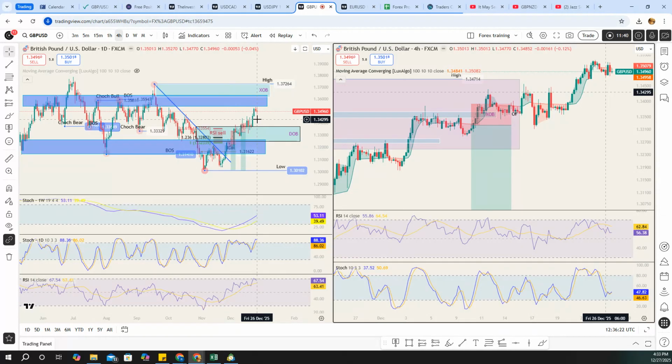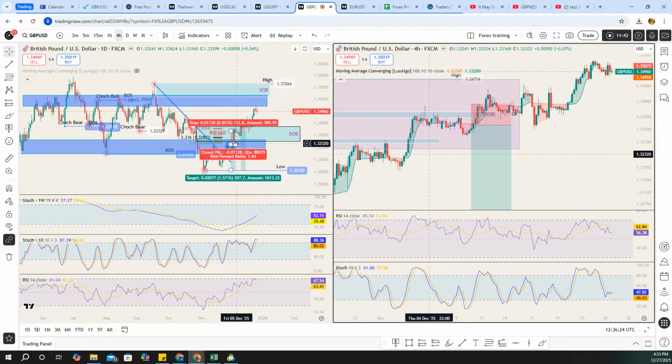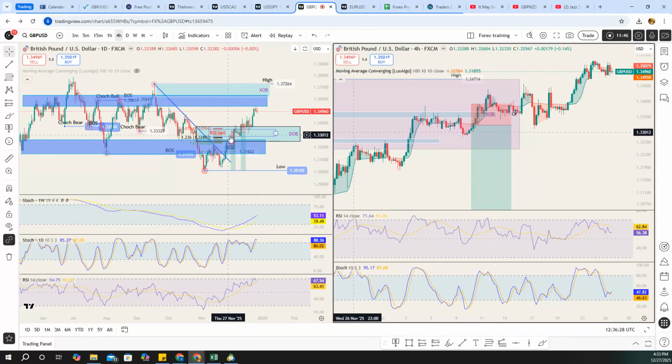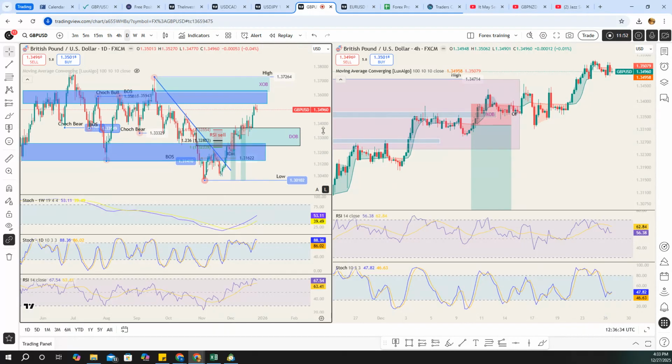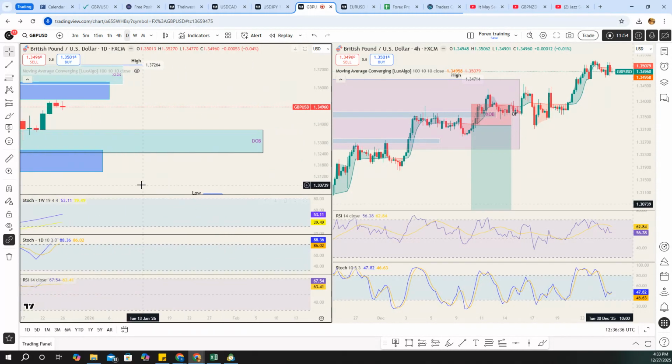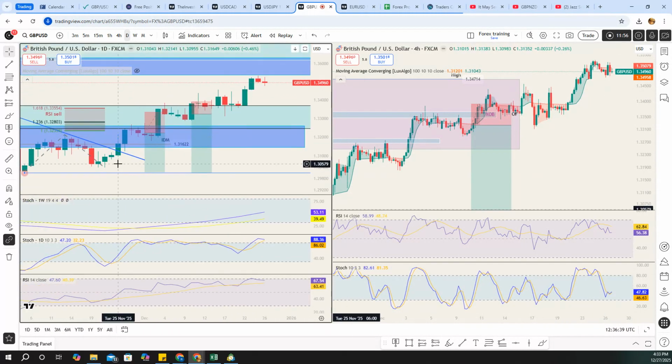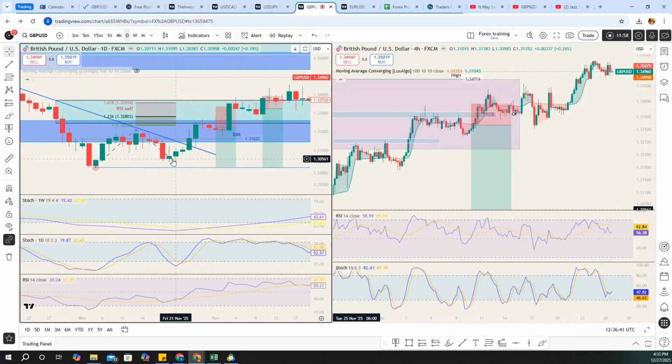Now, I want to see, for example, here on this decisional order block, when we were here, let me zoom in. When we reached here, we saw a reaction. We did not see a reaction. Well, the reaction on the resistance was here, but the reaction on the decisional was here.